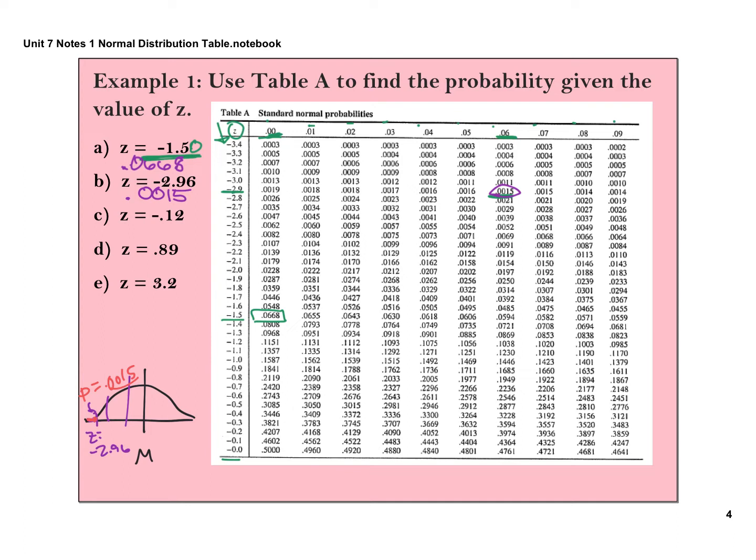Okay, let's do the next one, negative 0.12. So negative 0.1 is where I'm looking, way down here. And then I need to go out to the negative 0.10, 0.11, 0.12. So this is my probability, 0.4522. So that basically just means that there's 0.4522 of a probability of being at this z-score, this far away from the mean or lower.